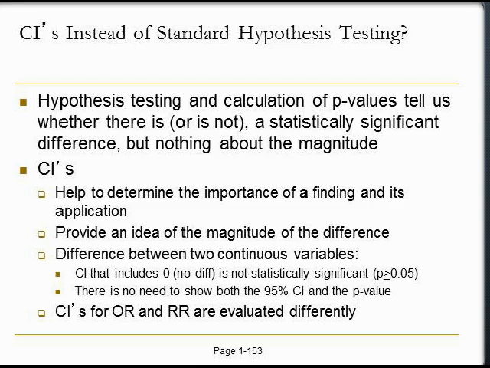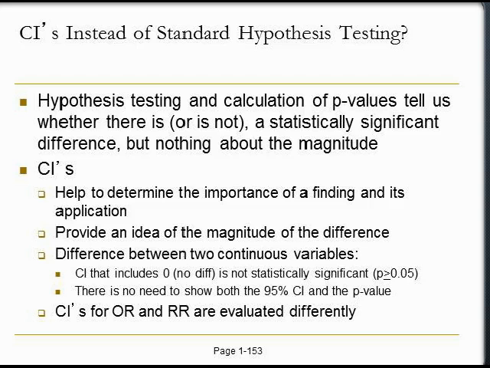So if we're comparing, let's say, blood pressure between two drugs, and we're using confidence intervals, a confidence interval that includes 0 means that there's no difference between those two treatments. So a confidence interval that includes 0, or no difference, is not statistically significant.